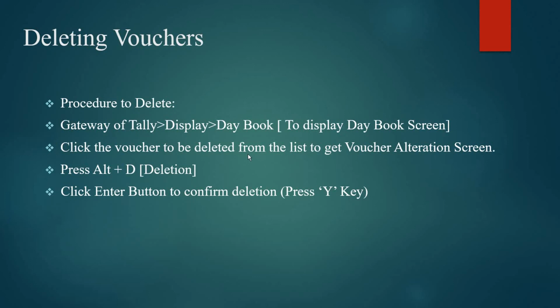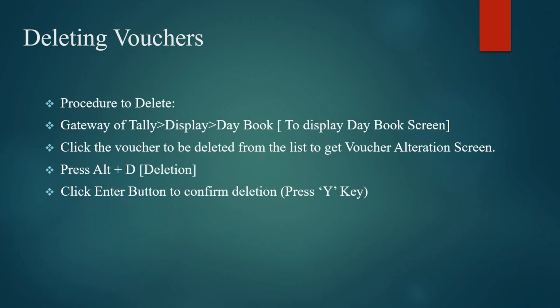From the list of vouchers, we have to select the voucher which has to be deleted. Then that particular voucher will be opened in the voucher alteration screen. Later, to delete a particular voucher or to delete anything in Tally, just press Alt plus D, D to delete. Then click enter to confirm the deletion or press Y from the keyboard.